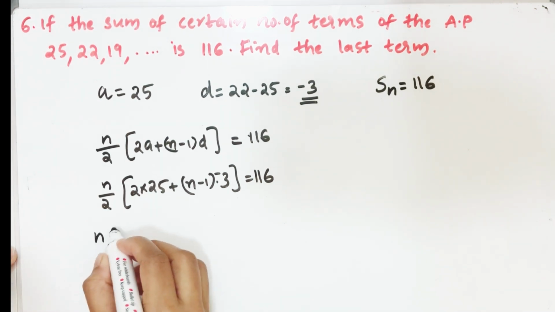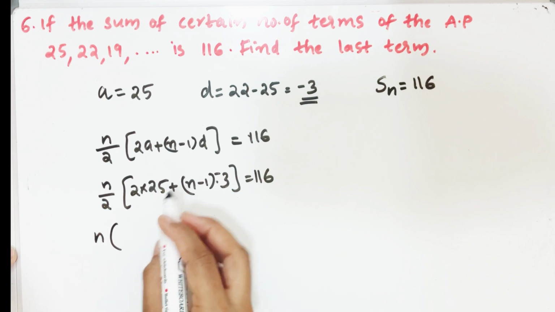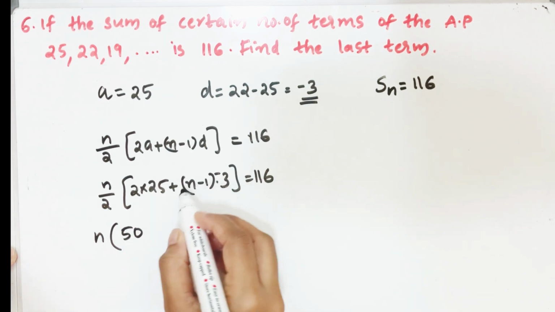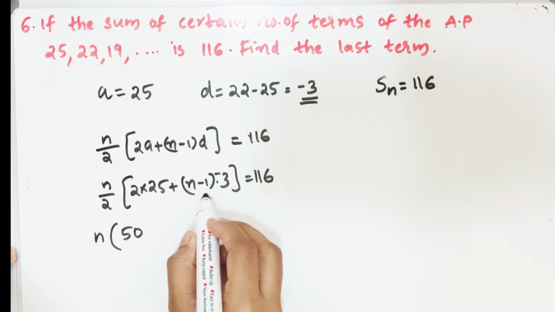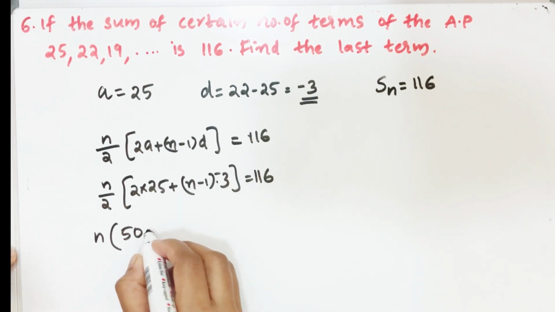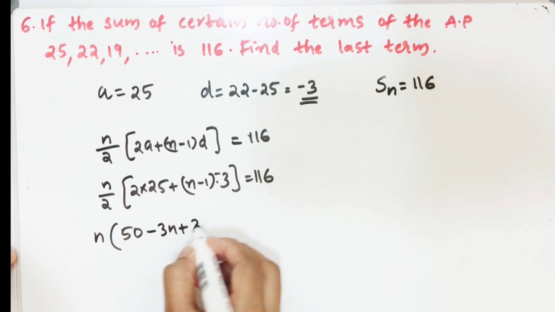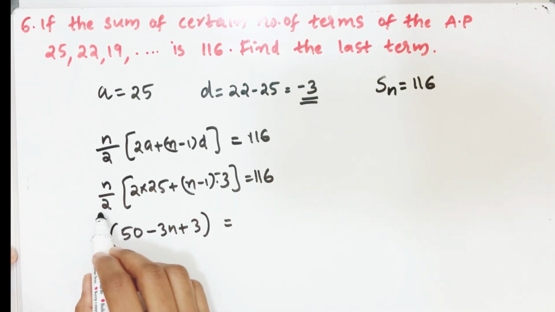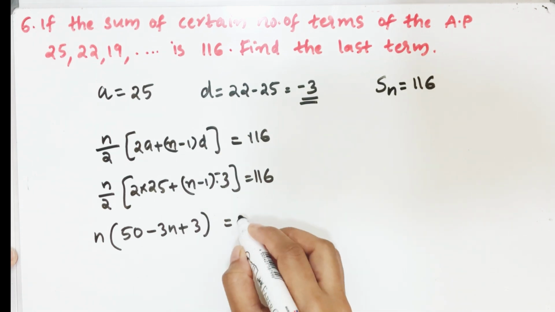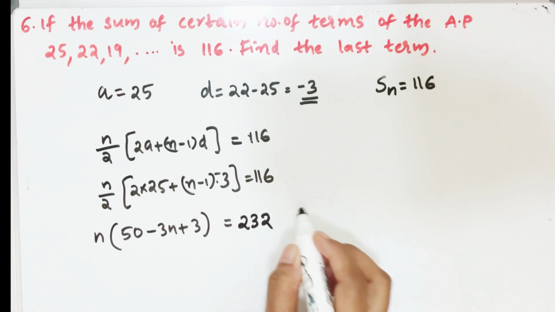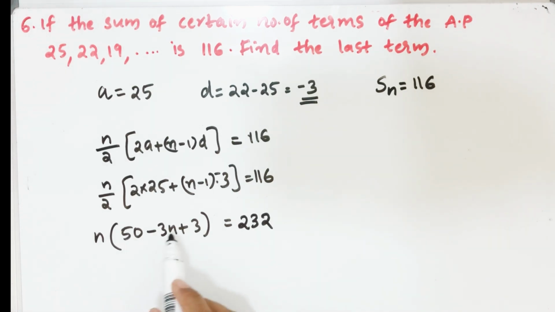That is n into 2 into 25, which is 50, plus n minus 1 into minus 3, which is minus 3n plus 3. Take this 2 to the other side: 116 into 2 is equal to 232. 50 plus 3 is equal to 53.